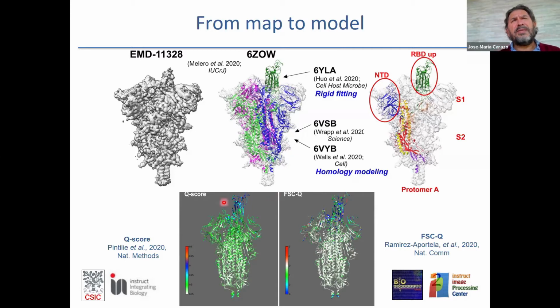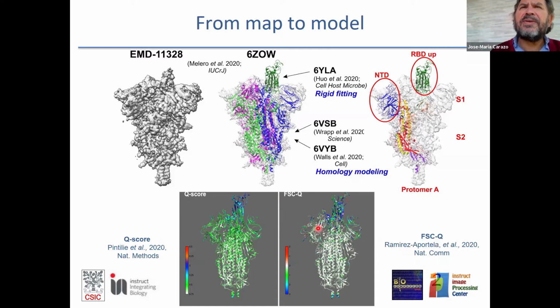What you have here is actually a very quantitative approach to map-to-model fitting, in which we calculate a number of scores, Q-score, and Fourier shell correlation Q. That is a new thing that we are just publishing.